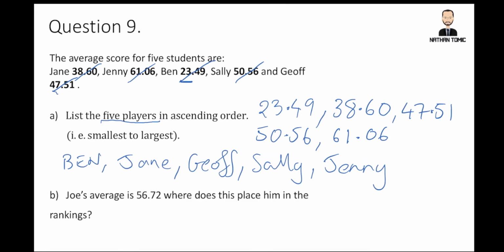So while technically the question only asks us for the names, listing the players, I would certainly expect to see somewhere that you've listed the scores in order to make sure that you've got the names then in order.